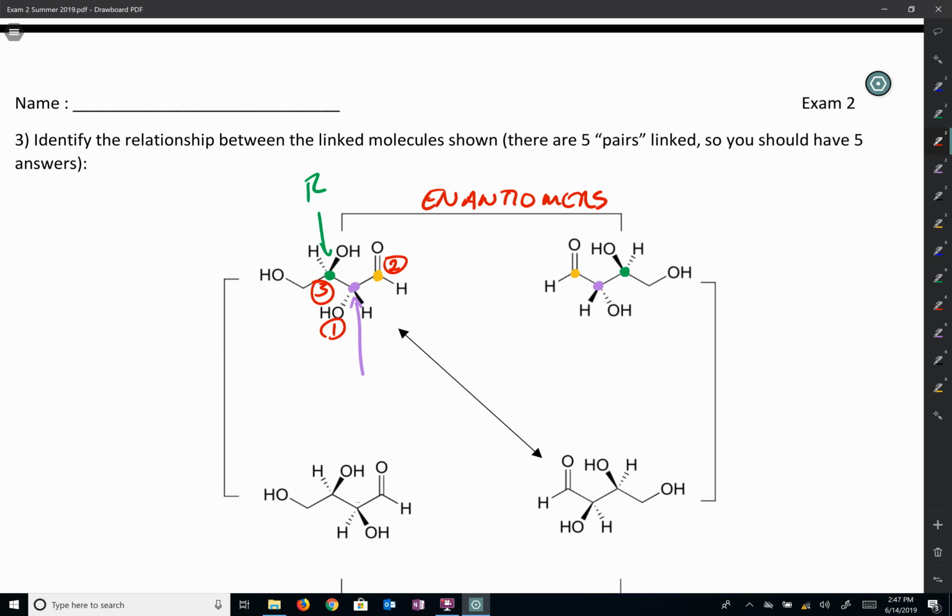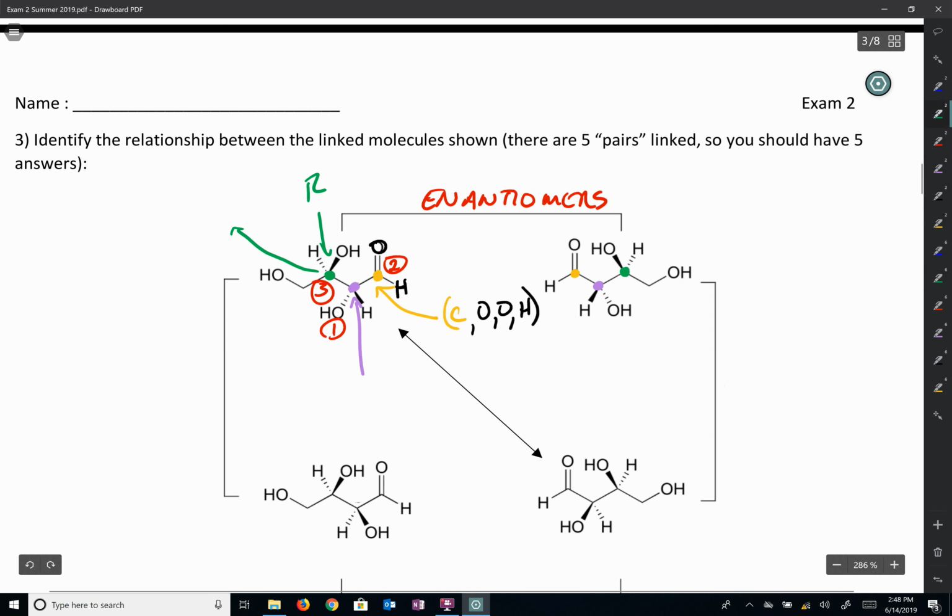And the reason for that, let's take a look at my yellow carbon. My carbon in yellow is bound to an oxygen, that guy, and it's bound to the oxygen again. With double bonds, remember you count those twice. And then the hydrogen here, in black. So my carbon in green is bound once to an oxygen.